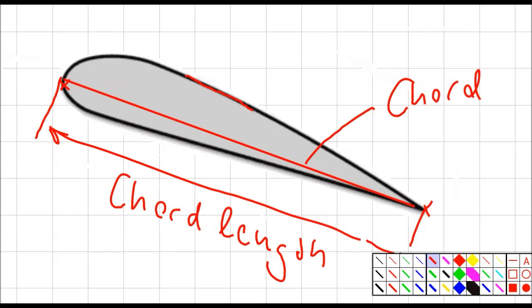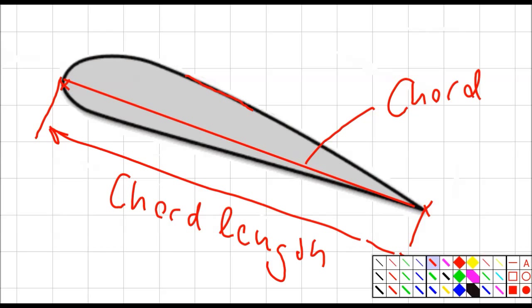Now I can look into this a bit closer, and I draw another line here which goes vertically through the chord line and through the maximum thickness of this airfoil. So here we have a 90 degrees angle, and this in fact defines my thickness.